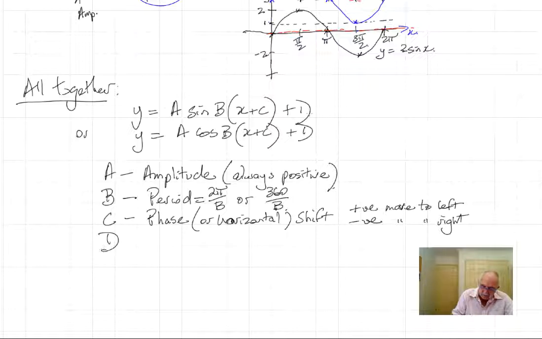And the last thing is what effect this d has. It is the vertical shift. Once again, if it is positive, move up, and if it is negative, move down.